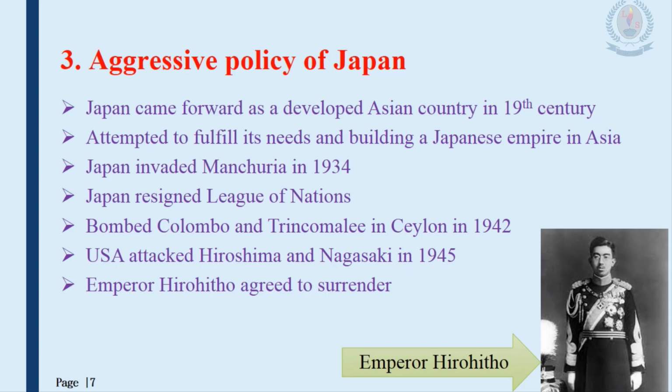But however, after these attacks, Emperor Hirohito of Japan agreed to surrender to the Western countries under no conditions. Okay, here I am mentioning the parties of the World War. There are two main parties, Axis powers and Allied powers. Axis powers, actually Germany, Hitler.